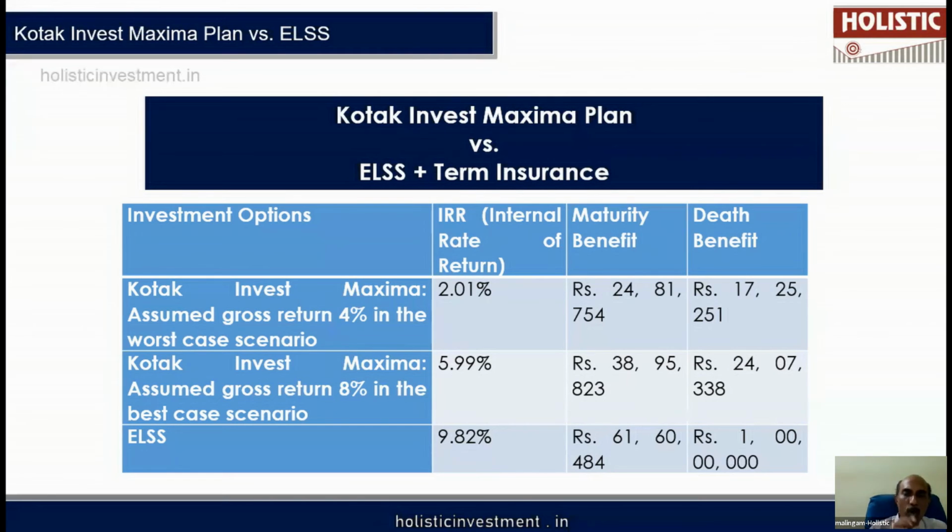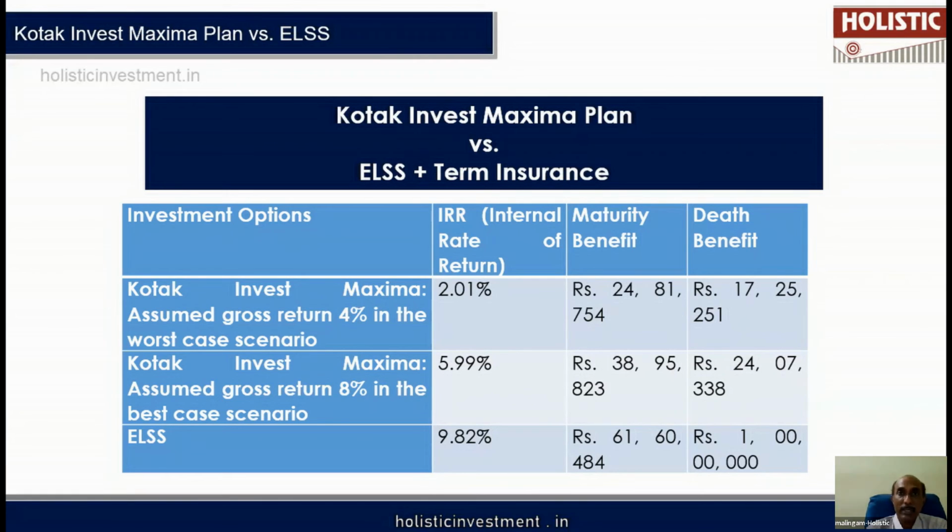So what it works is over a period of 20 years, you are paying 1 lakh in Kotak Invest Maxima. Even in a best case scenario, it can give you roughly around 38.9 lakhs. Whereas in term insurance plus ELSS combination, it has got the potential to give you 61 lakhs. So this is much higher.